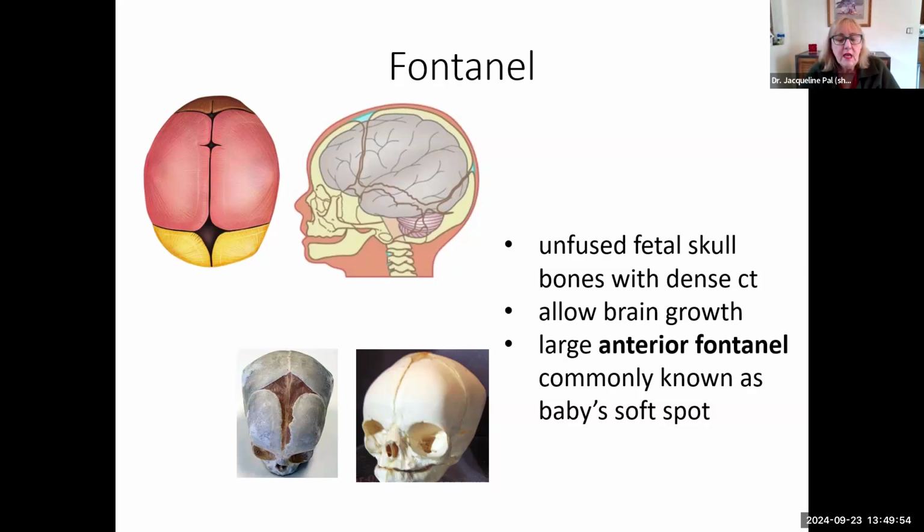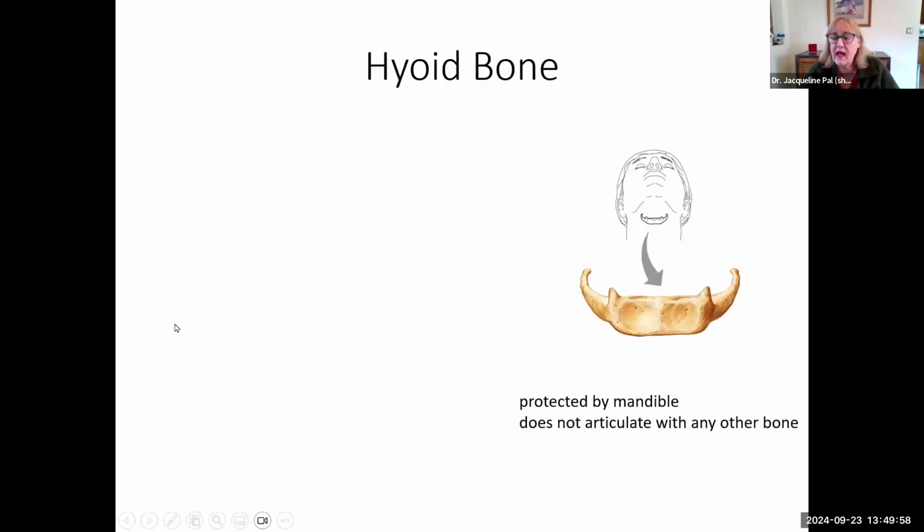Continuing on with bones in the axial skeleton, a bone you may never have heard of before is this C-shaped bone that looks like it has little horns on it. It's called the hyoid bone, and it's the only bone in your body that does not articulate, does not form a joint with any other bone in your body.